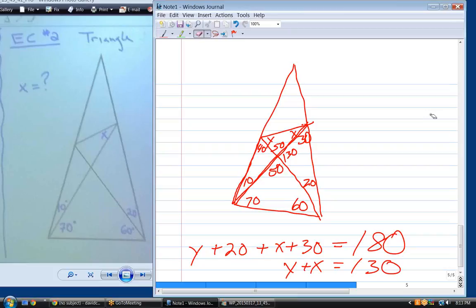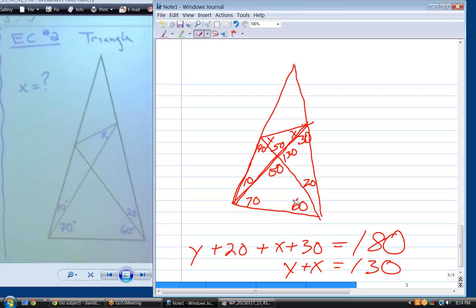However, no. Oh, I see what you did. Yeah, I don't think you can create any parallel lines here that help the solution any.